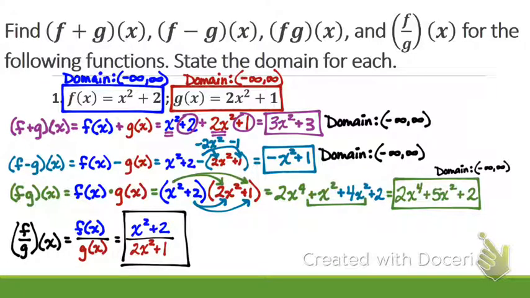Talking about the domain for this, what's the only thing that could make it not all real numbers? 0. Oh, if the denominator was 0. Denominator can't be equal to 0. So what value for x would do that?